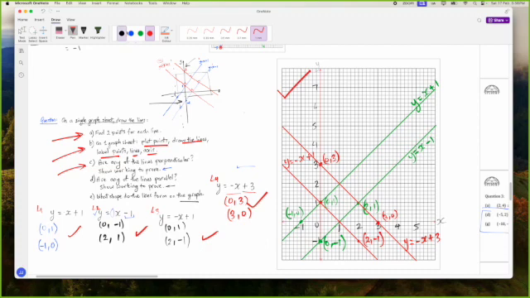So we could see there that L1 is perpendicular to L3, right? How? Well, the gradient of L1, M1, multiplied by the gradient of L3, M3, is -1. So the gradient of L1 is 1, multiplied by the gradient of the line L3, which is -1.